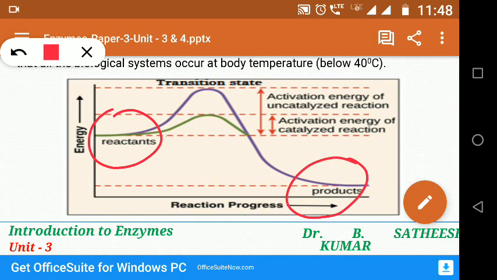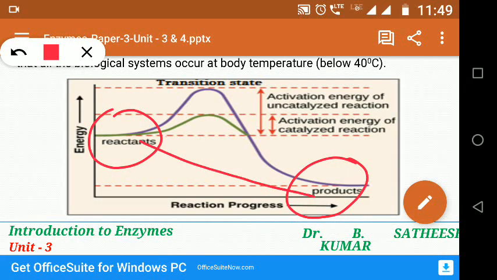So the energy of reactants is higher than the product. In this case, the reactants should be easily converted to product, because the movement is downhill. Higher energy reactants are being converted into lower energy products, so it should take place spontaneously.